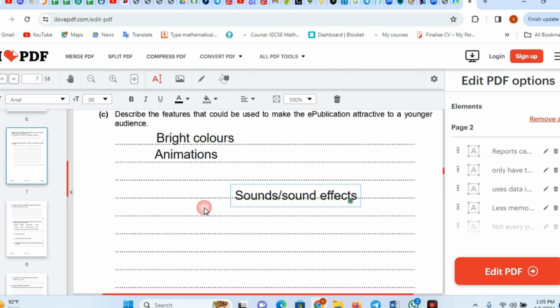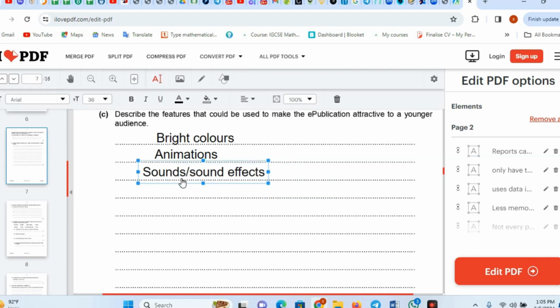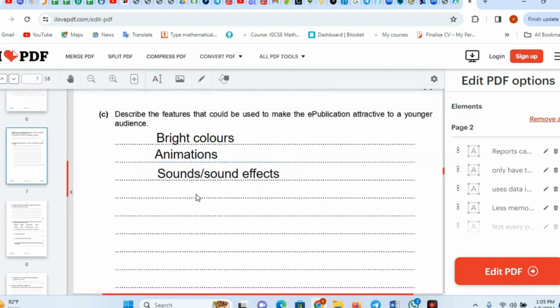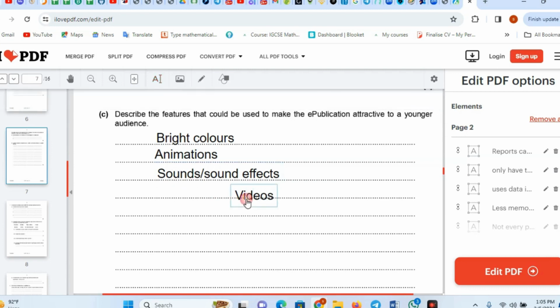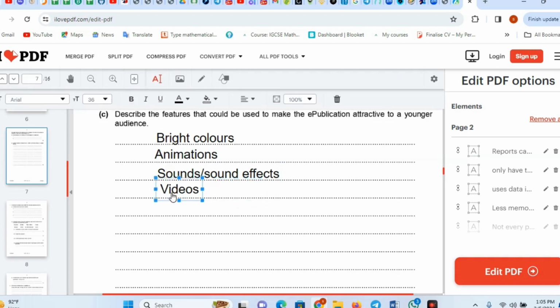This will easily catch the attention of the young ones. When you put sound effects, maybe it is a particular song or a particular jingle to catch their attention. Then, lastly, you can put videos, just to also make sure that they become enticed to whatever you are producing or you want to put in your publication.